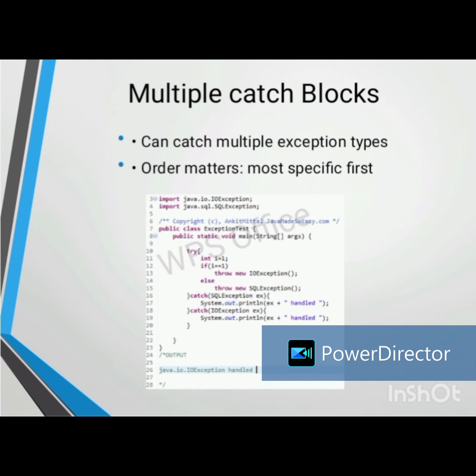Important rules: always catch more specific exceptions before more general ones. For example, catching IOException before FileNotFoundException is incorrect because FileNotFoundException is a subclass of IOException. Catching the superclass first makes the subclass block unreachable, resulting in a compilation error.